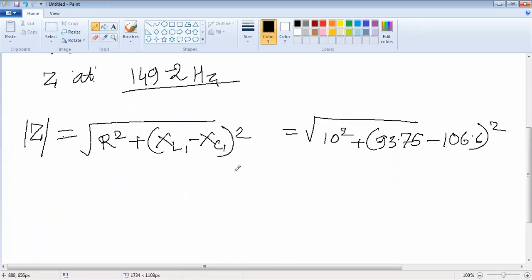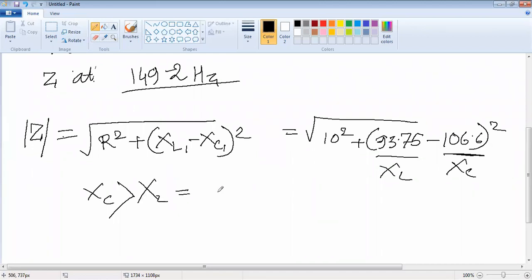So here XC is greater than XL, you can see this is the XC and this is the XL. So XC is greater than XL. So this is called the capacitive impedance.